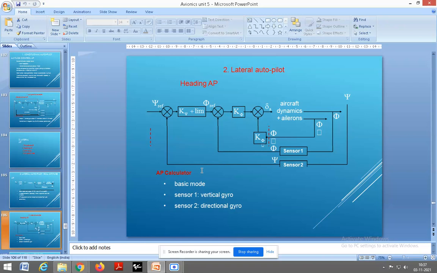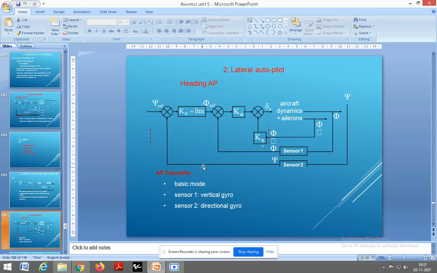The vertical axis angle will be sensed by the vertical gyro. The directional gyro will sense the direction of your flight. Direction is specified by an angle, and that angle will be sensed by the directional gyro.